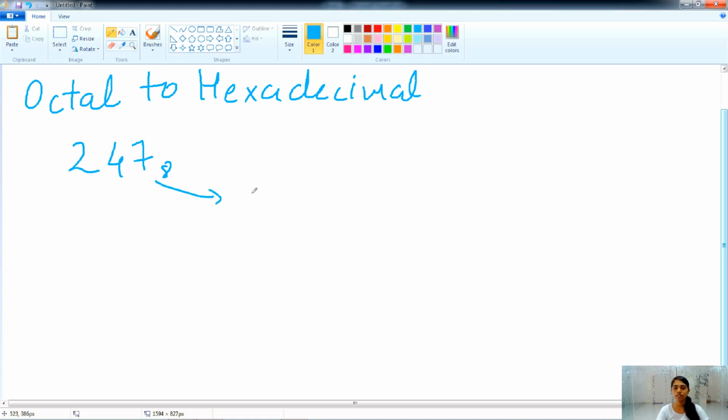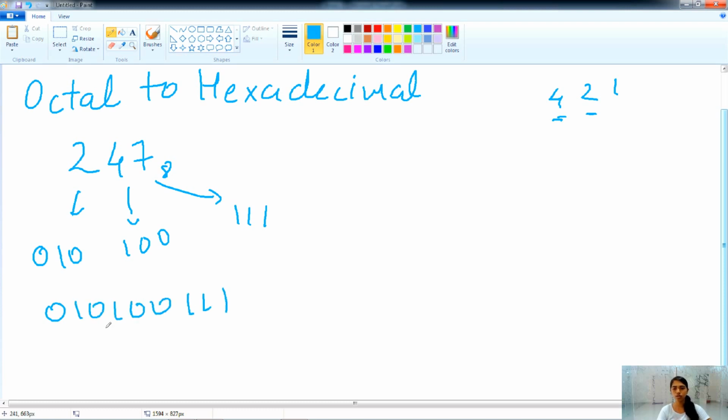For that, I will write 1, 2 and 4 again, because in an octal number only 3 places are allowed. So for 7 it would be 1, 1, 1. For 4 it would be 1, 0, 0, and for 2 it would be 0, 1, 0. And here we have our number, 0 1 0 1 0 0 1 1 1, in binary.